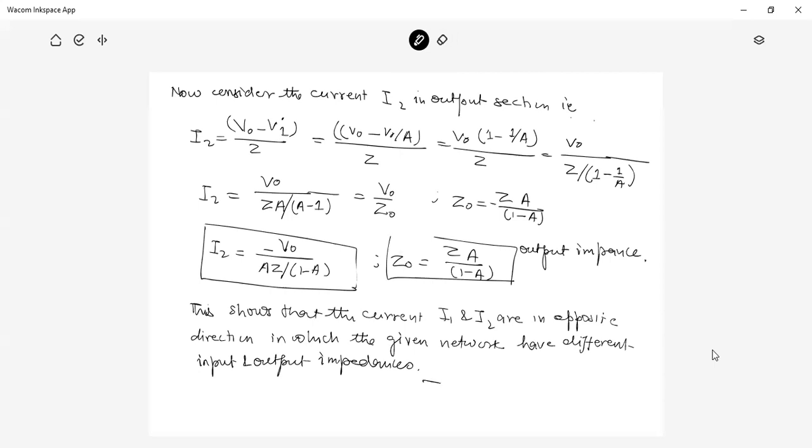So that is your Miller's theorem. This is all about Miller's theorem.